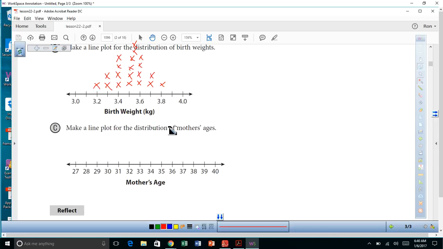Make a line plot for the distribution of mothers' ages. All right.